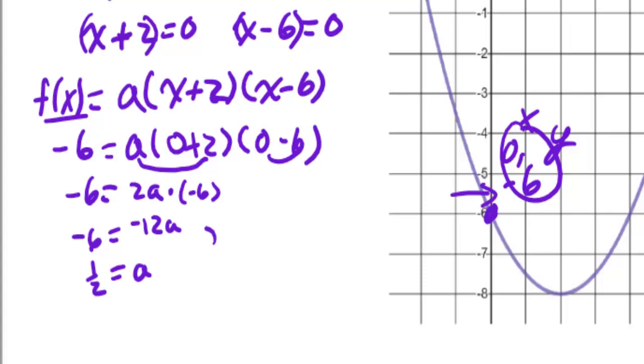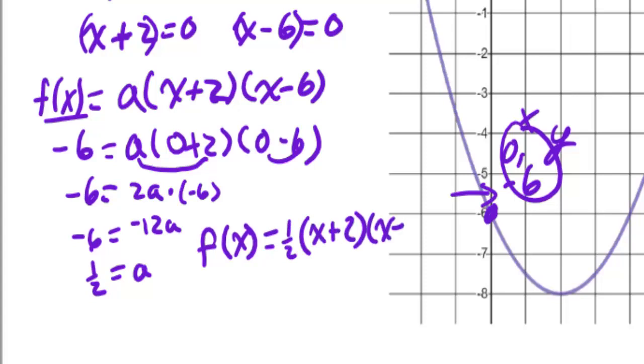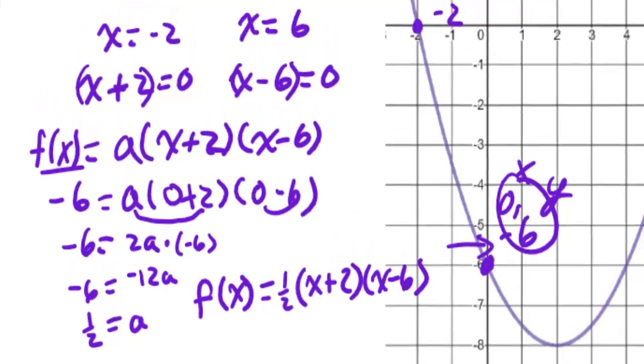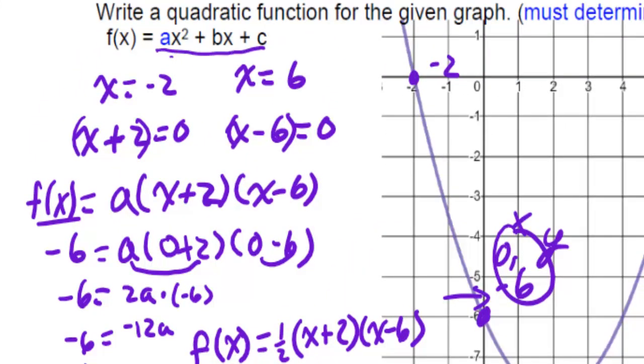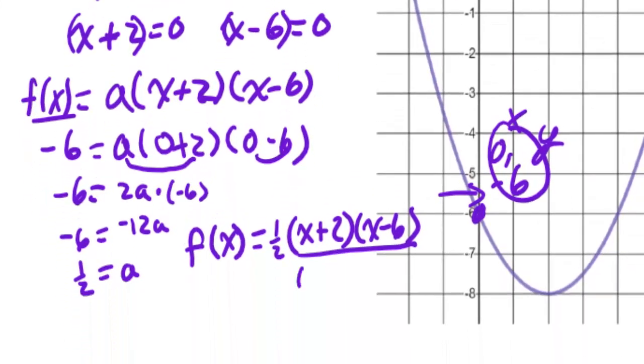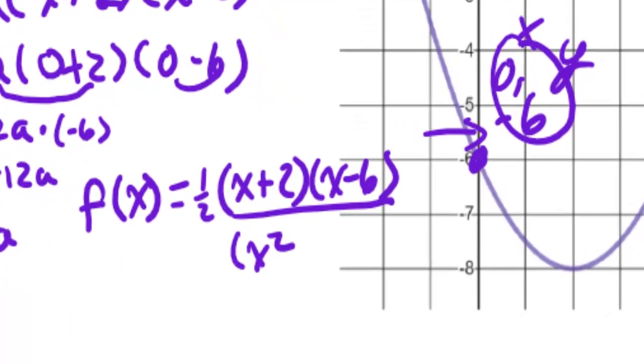So you can say that the equation is, there's two ways you can do this. f of x equals 1/2 times x plus 2 times x minus 6. Or if you want to put it into this format that's up here, you can FOIL this out and you'll end up with x squared minus 4x minus 12, and then you've got the 1/2 on the outside.